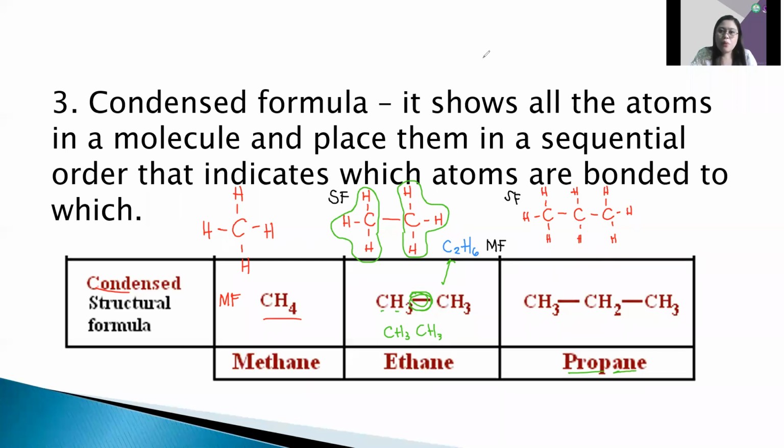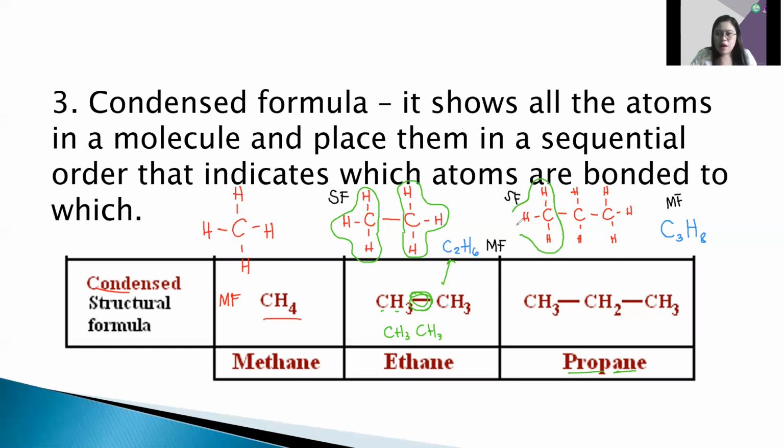Now for our chemical or molecular formula, of course we will just summarize it. We have C3, we have 1, 2, 3 carbons, and hydrogen 1, 2, 3, 4, 5, 6, 7, 8. So this is now the molecular formula of our propane. But again, for the condensed formula, remember, we are going to group them.